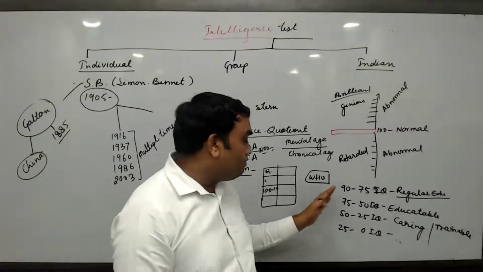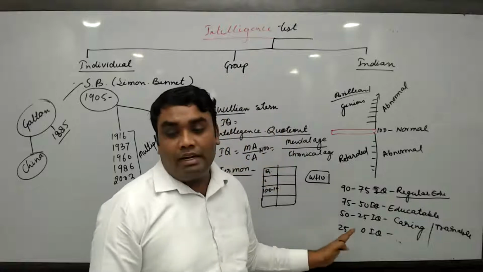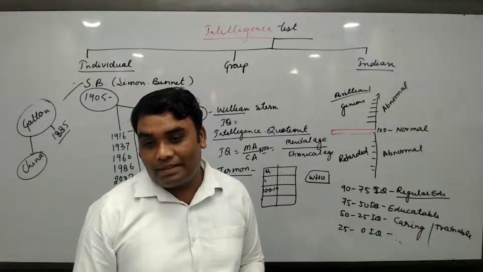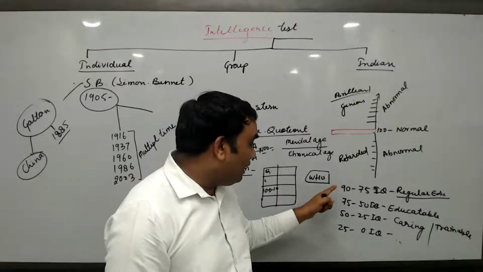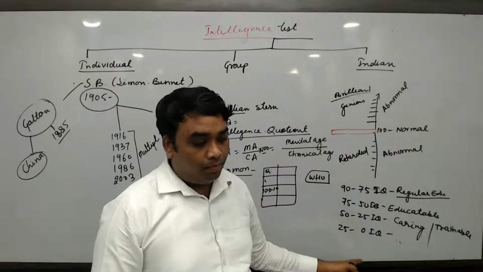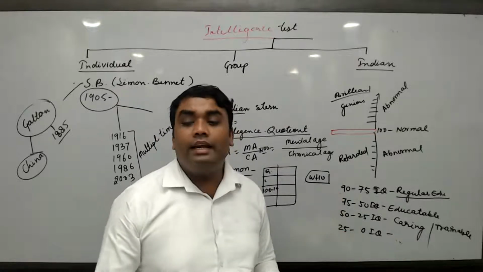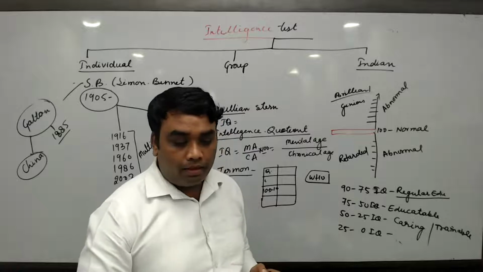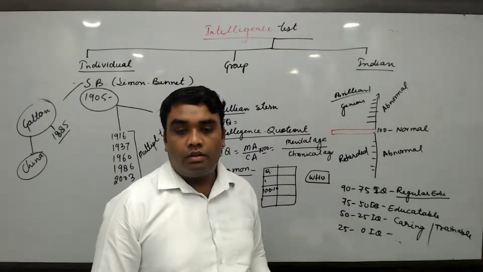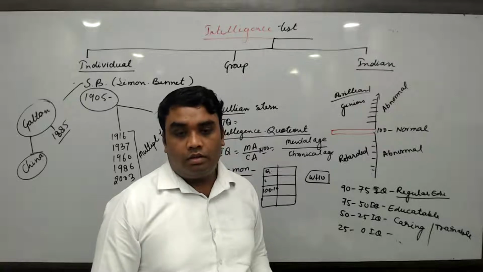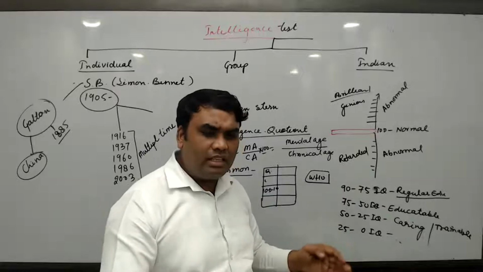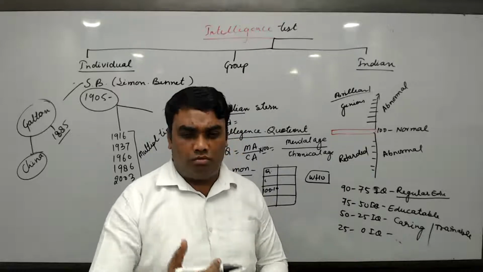These things have been explained in a different manner in NCERT, that is class 12 NCERT. As I mentioned, I am explaining according to WHO. According to NCERT, it will vary. The interval is the same, but the wording is different, or the interval is also different. 90 to 75 is approximately the same in NCERT, just numbers will be up and down.